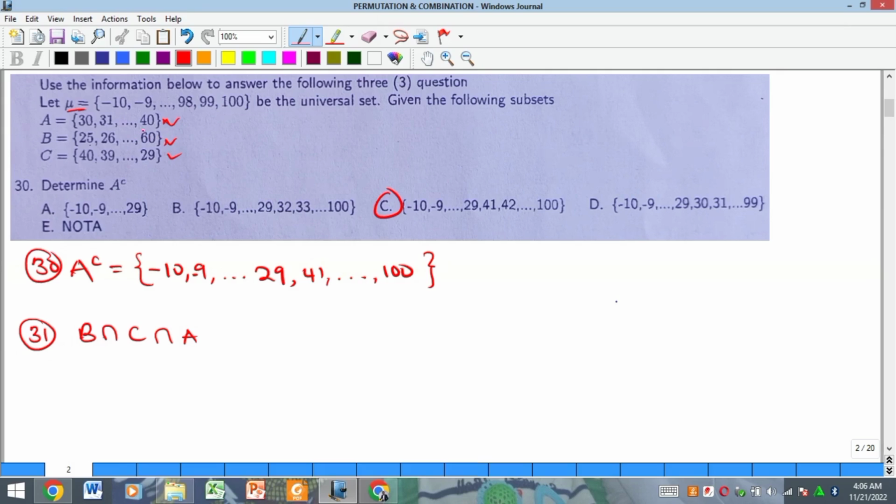Okay, so what are the elements in the three of them? Let's begin. From here, of course, 25 to 60 contains 40 in between. So 40 must be in that intersection. Then what else? Now remember that this one is going down this way, and this one is going up. So the other thing that will be in this will definitely be 39. 39 will be there because 39 is here, is also here. Then 38 will also be there, and 37 will be there.